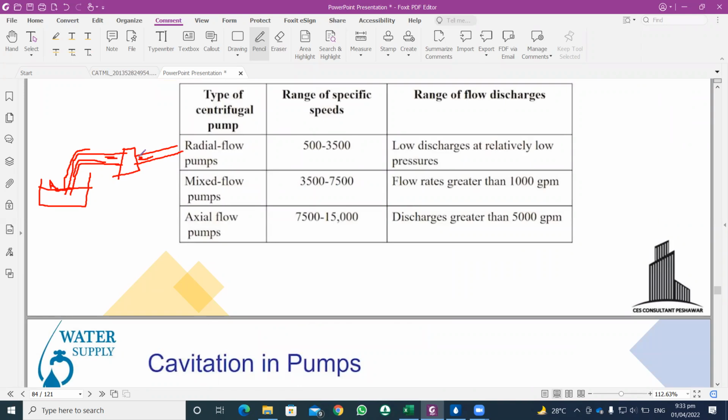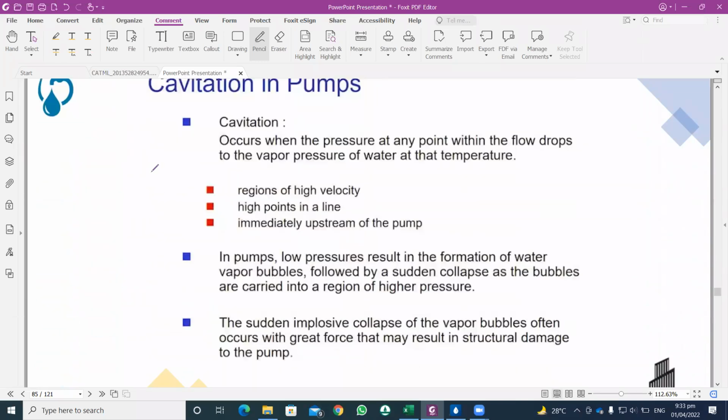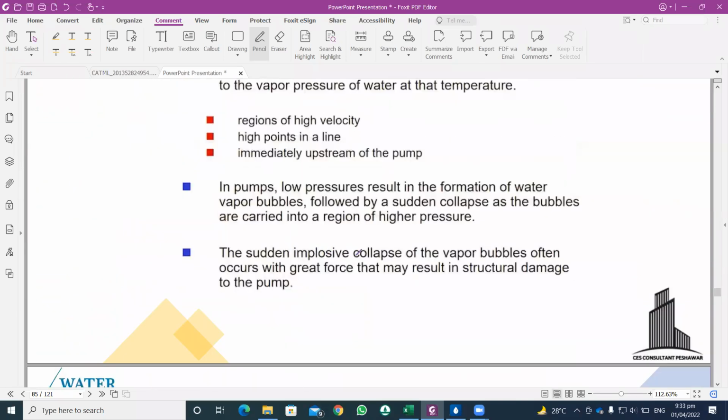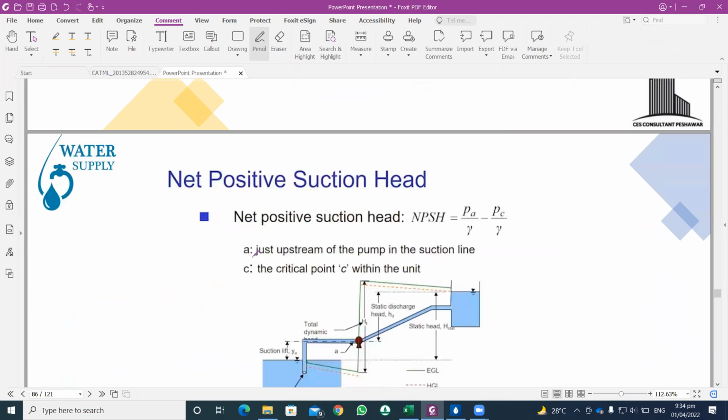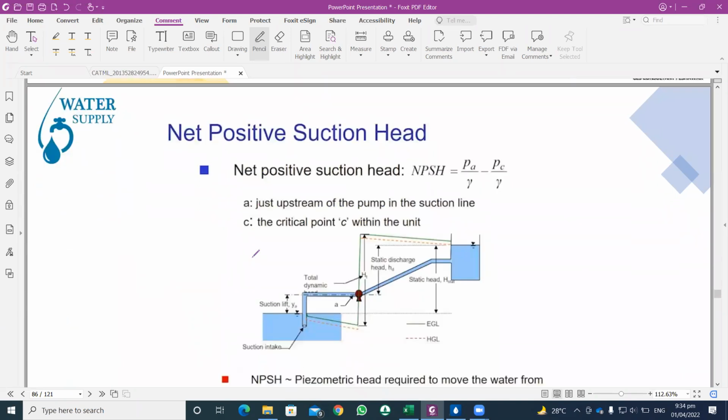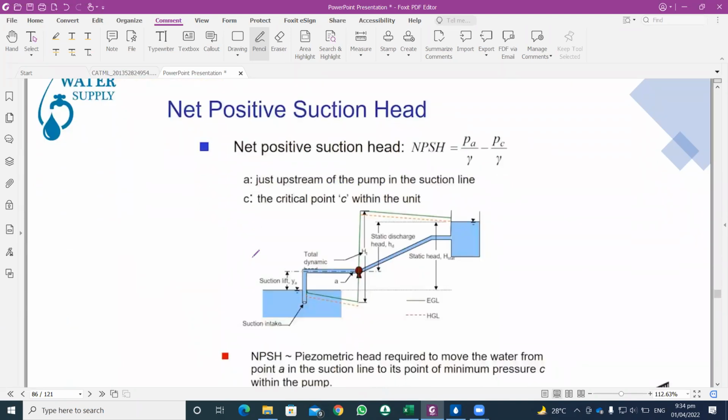When it reaches the downstream of a pump, the pressure rises, so due to the rise of pressure, the bubbles collapse and greatly affect the impeller of a pump. The sudden implosive collapse of the vapor bubbles often occurs with great force that may result in structural damage to the pump. So net positive suction head is also an important parameter to consider for the design of a pump.